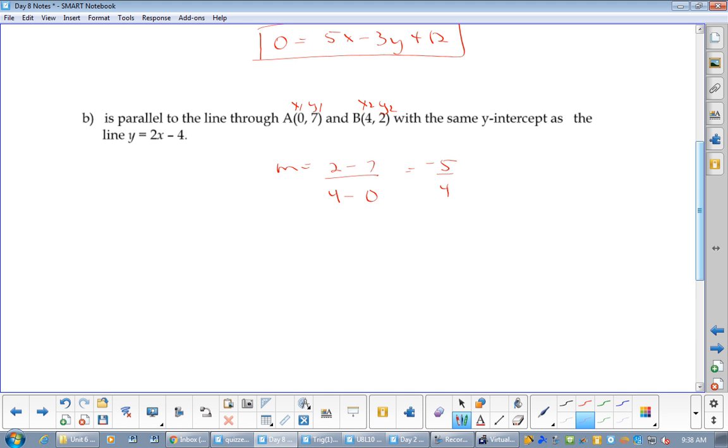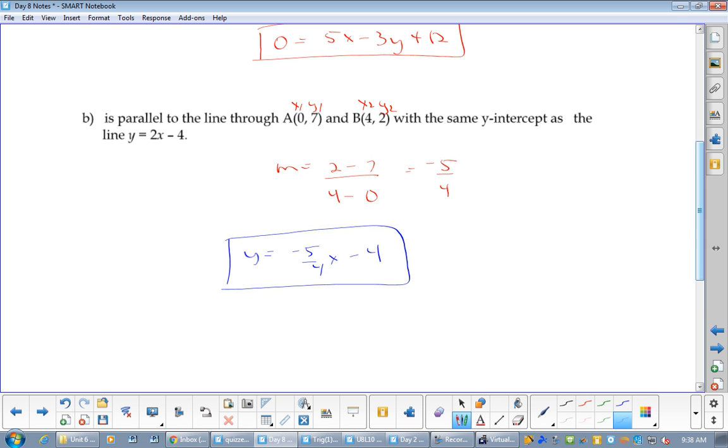Okay, so what is my new equation? Y equals, I need a line parallel to this one, but with a different y-intercept. Negative 5 over 4 x minus 4.